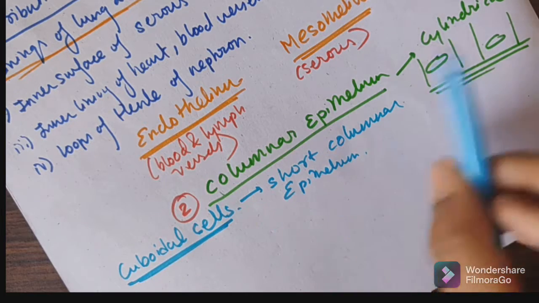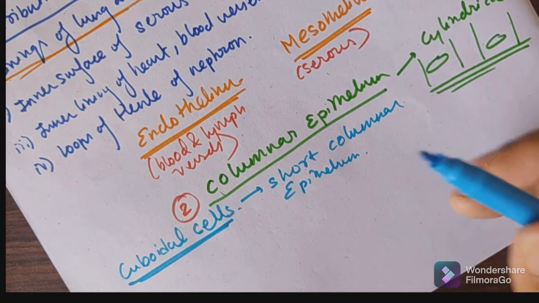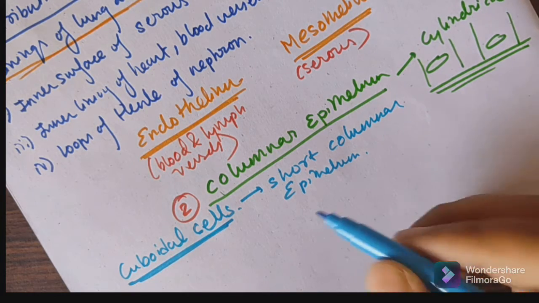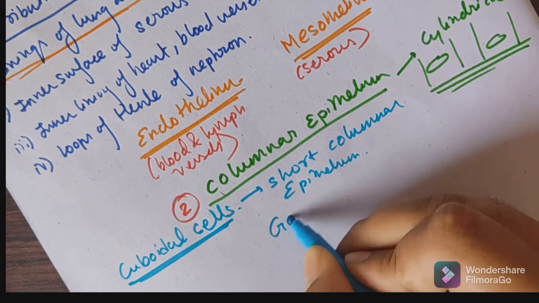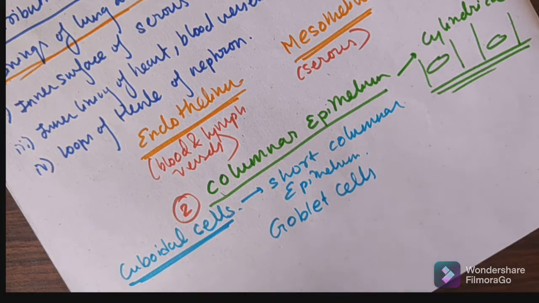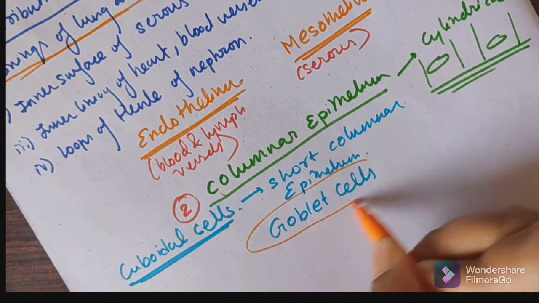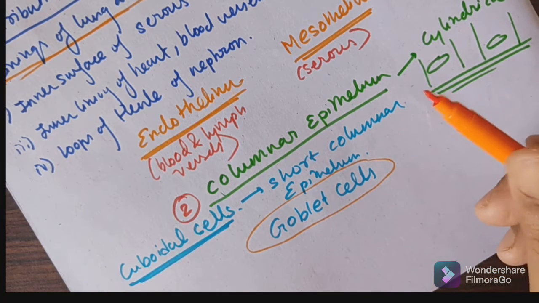Now some of the columnar epithelium are specialized by possessing brush border or cilia. In addition, there is one important cellular structure, okay, which is called the goblet cells. Now the goblet cells belong to a special category of columnar cells.